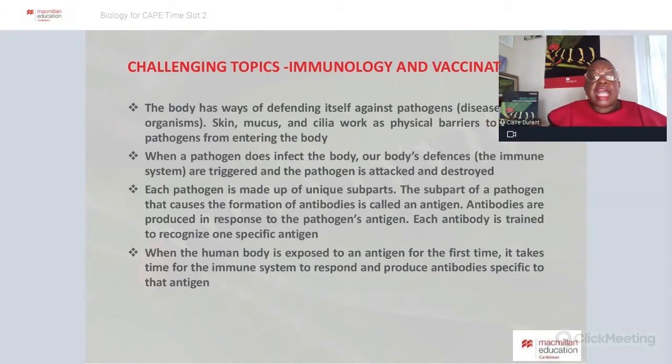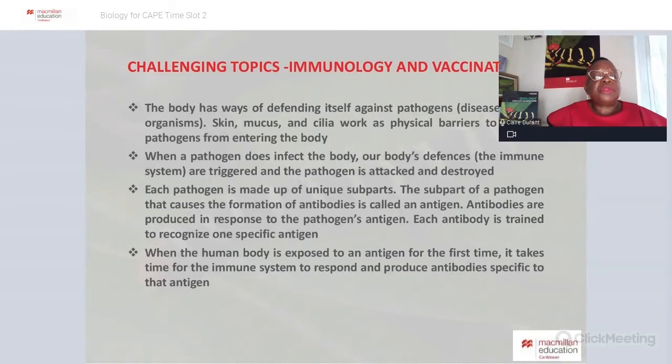So let's now move on to immunology and vaccination. We know that the body has ways of defending itself against pathogens and disease-causing organisms. The skin, mucus, and cilia, which are in the lungs, work as physical barriers to prevent pathogens from entering the body.